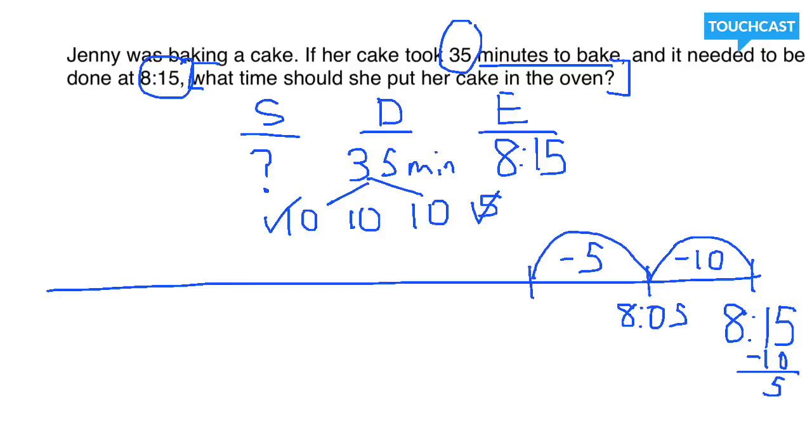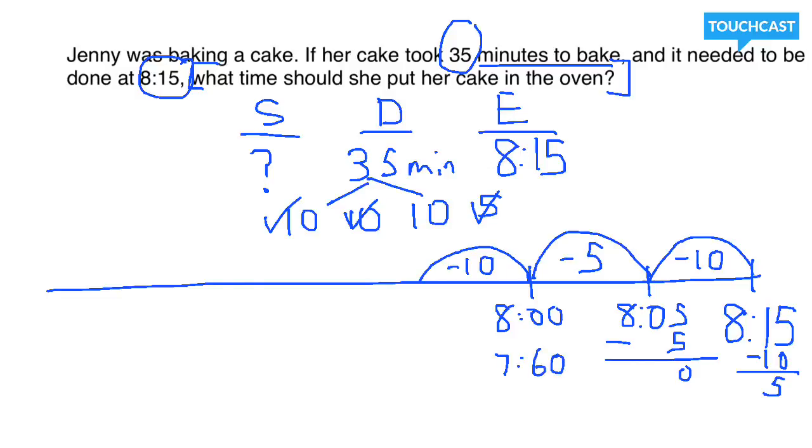So 8:05 minus 5 minutes, and that's pretty easy because 5 minus 5 is 0, so it's 8 o'clock. Easy as that. Now I'm going to cross over into a new hour, and I'm going to subtract 10 more minutes. 8 o'clock is the same thing as 7 o'clock with 60 minutes added on. So 7:60 minus 10 is 7:50.